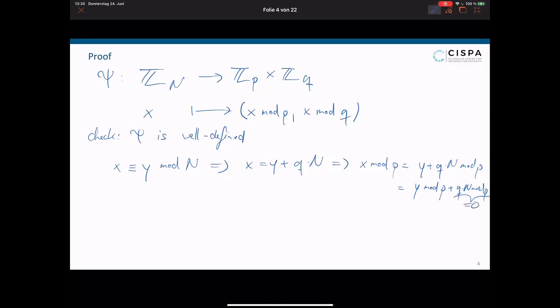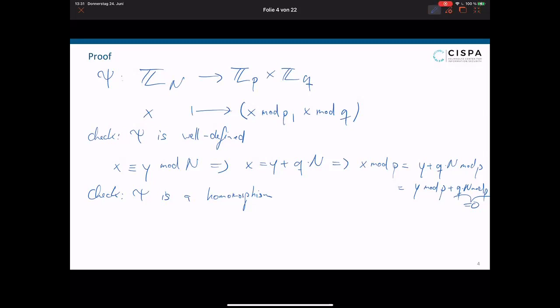The second thing you need to check is that psi is a homomorphism, right? But this is also easy because we know reduction mod p is a homomorphism and reduction mod q. So this is easy. What else do I have to check? So now I've established the function psi is well defined.